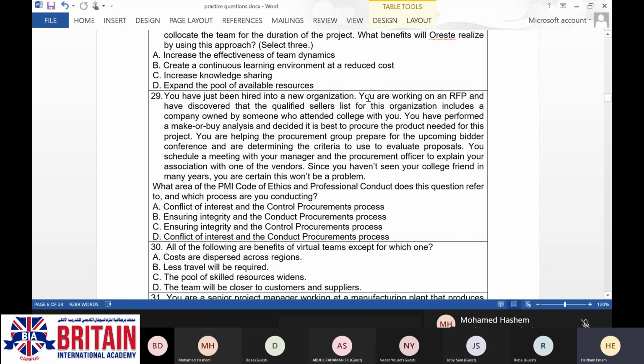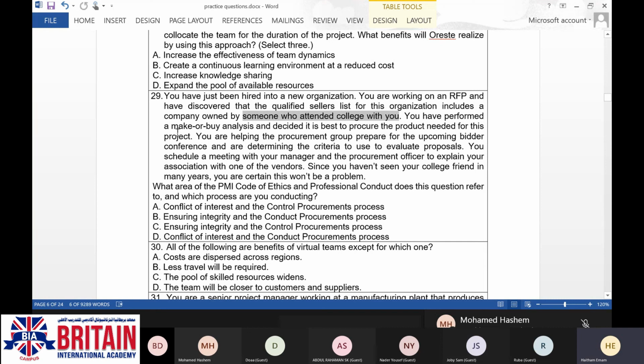You are working on an RFP, and you have discovered the qualified seller list for this organization includes a company owned by someone who attended college with you. Then that is the conflict of interest. You have to report this straight away.